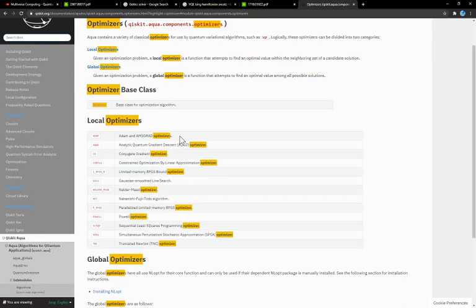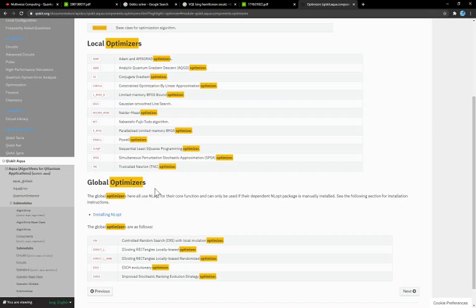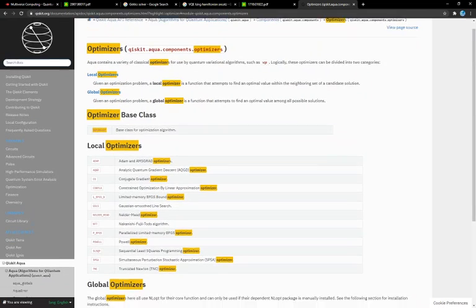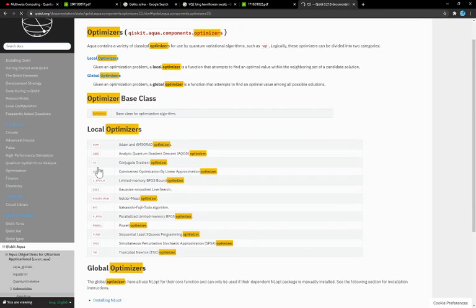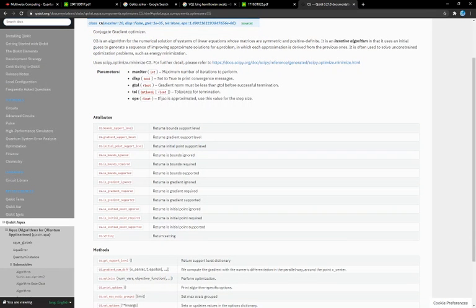So they actually don't have it. They have the conjugate gradient optimizer, Adam. CG is an algorithm for the numerical solution of systems of linear equations whose matrices are symmetric and positive definite. It is an iterative algorithm and uses an initial guess to generate a sequence of improving approximate solutions for a problem in which the approximation is derived from previous ones.